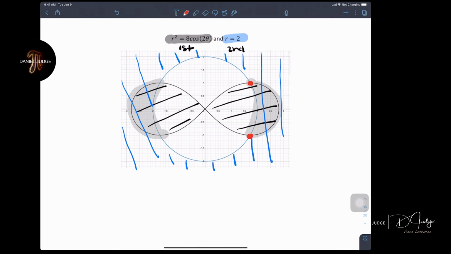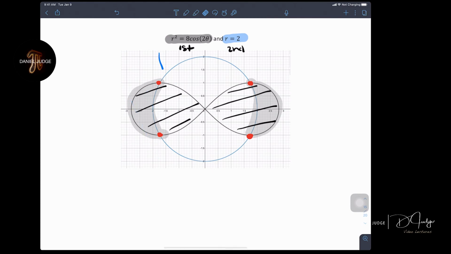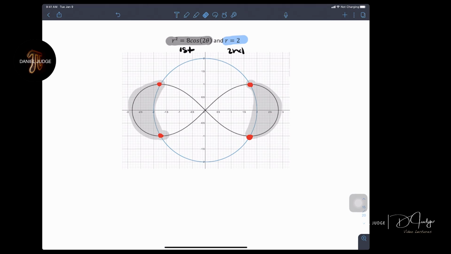And we've got points of intersection. So we're trying to find the area there. Let's get rid of all this other stuff so it's not distracting. Then the question is, where are these points of intersection?